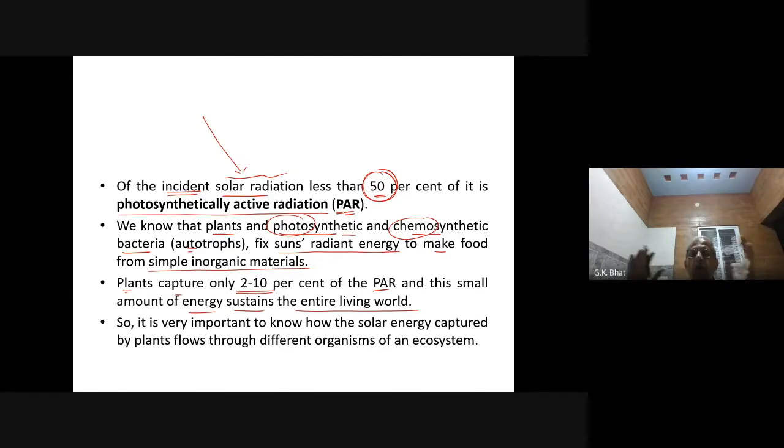The entire living world depends on that. I shall repeat again. Of the light energy that strikes the plant surface, less than 50% is photosynthetically active radiation. Out of that, only 2 to 10% do plants actually use for photosynthesis.